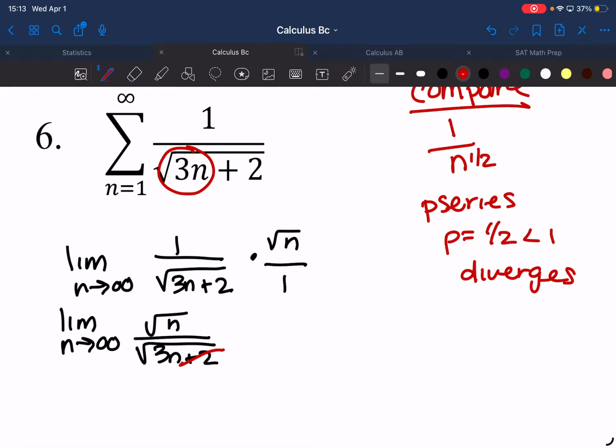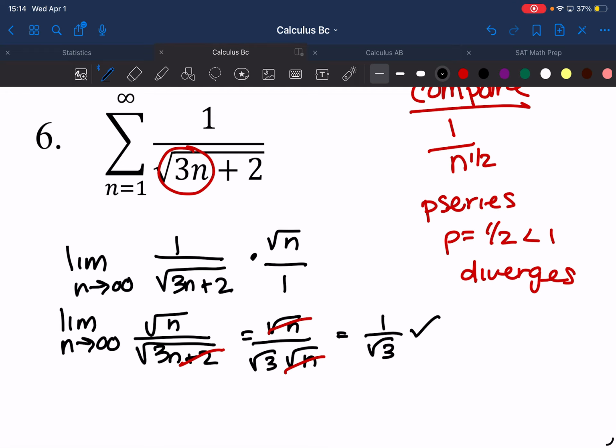Okay, and then we have the square root of n over, because this can be written as the square root of n over the square root of 3 times the square root of n. So the square root of n is now gone, and so our answer is 1 over square root of 3. Is that positive?